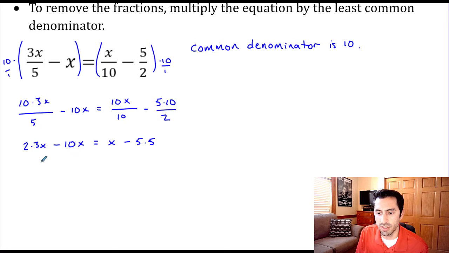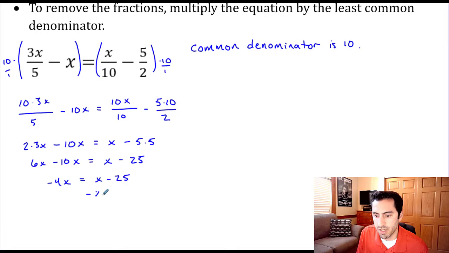So now we can continue on solving this like a normal equation. 2 times 3 is 6. On the other side, 5 times 5, we have minus 25. Let's combine some like terms. So 6 minus 10x, that's going to be a negative 4x.